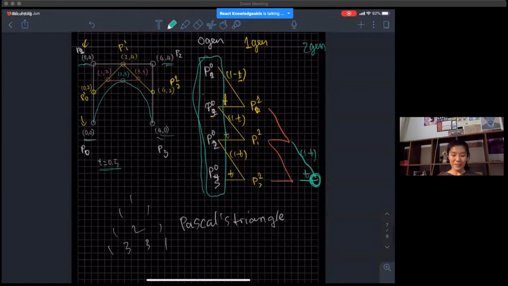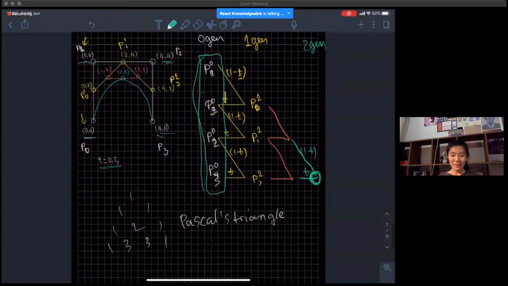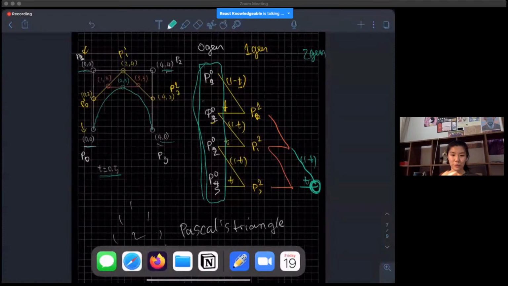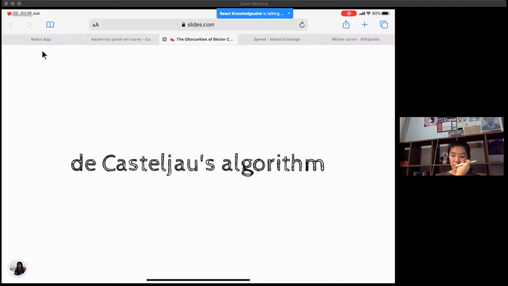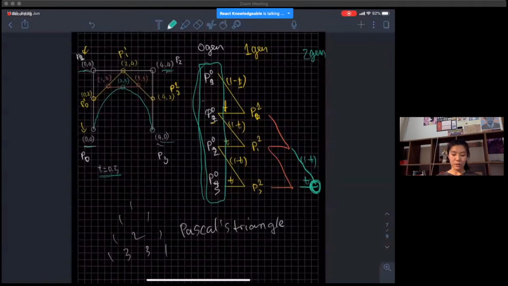Is it a bit messy? Well, but I kind of find the triangular scheme kind of cool. It turns out that this is actually referred to as the triangular scheme. So what is happening is in each generation, you're getting one fewer point, but you can deduce all the points from the previous generation, and then eventually you land at the final point that is supposed to be on the curve.